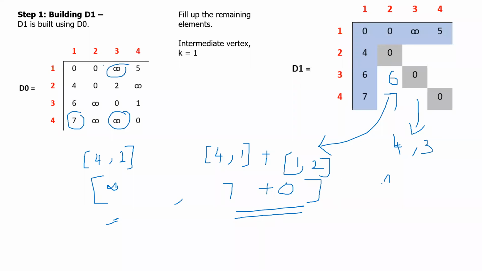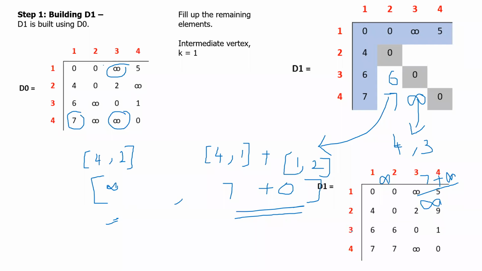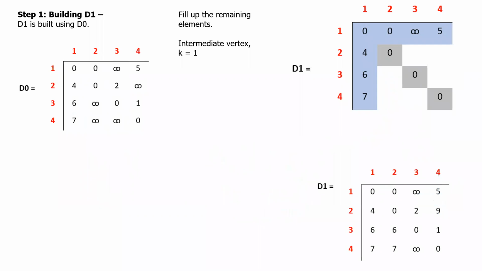So the current distance is infinity, and the new distance is 7 plus infinity, whichever is less. Anyway, this value will be retained as infinity, because 7 plus infinity will also be infinity. So as such, filling all the remaining values, you are going to get this matrix. You have got this D1.